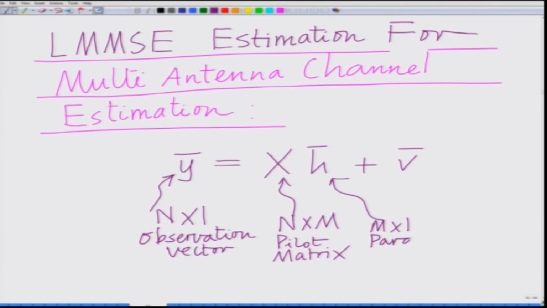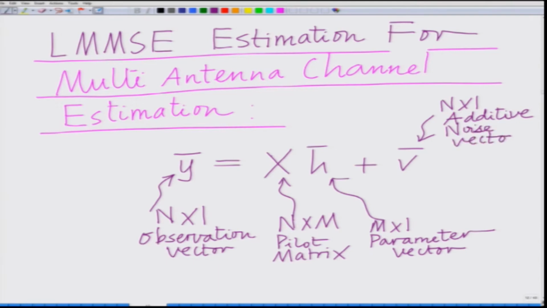Previously we had a scalar parameter, now you have an M cross 1 parameter vector, and v bar is the additive noise, the N cross 1 additive noise vector, the same as before.